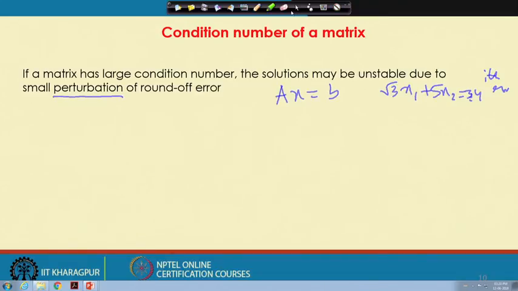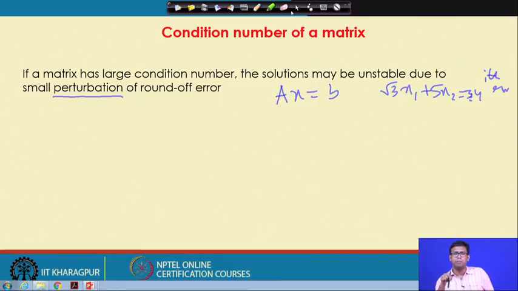The equation is not the exact equation; there is a small perturbation on it. Keeping this in mind, we are never solving the exact equation which we write in pen and paper. When we translate it into a computer program, whatever the precision or accuracy of the computer, there will be small perturbations due to round off error, because root 3 will be replaced by some value very close to root 3 but not exactly root 3. 1 by 3 will be replaced by 0.3333333 and cut somewhere.